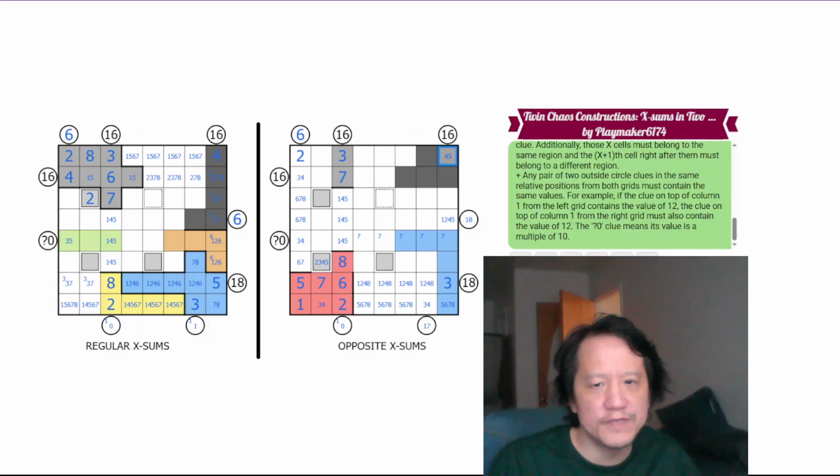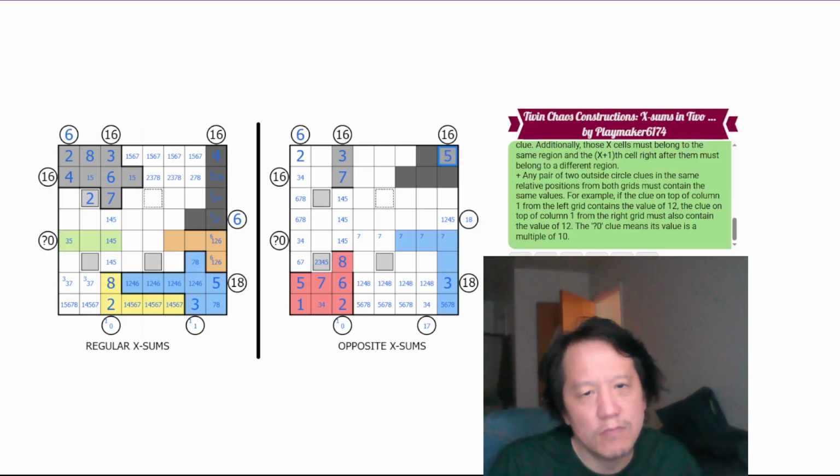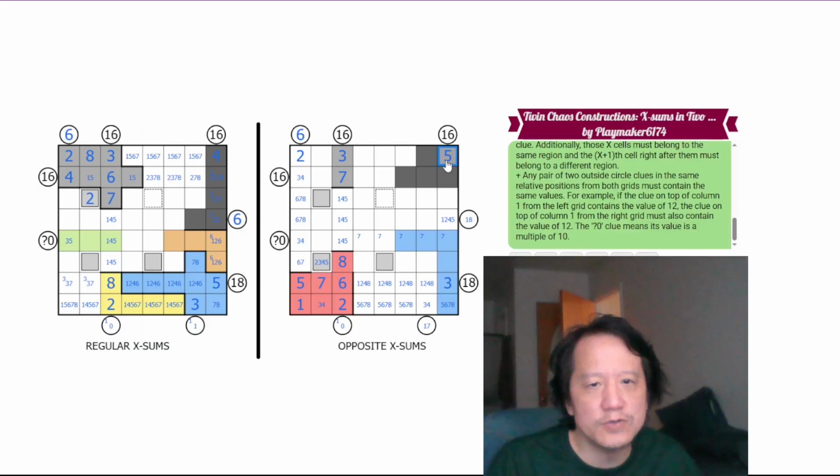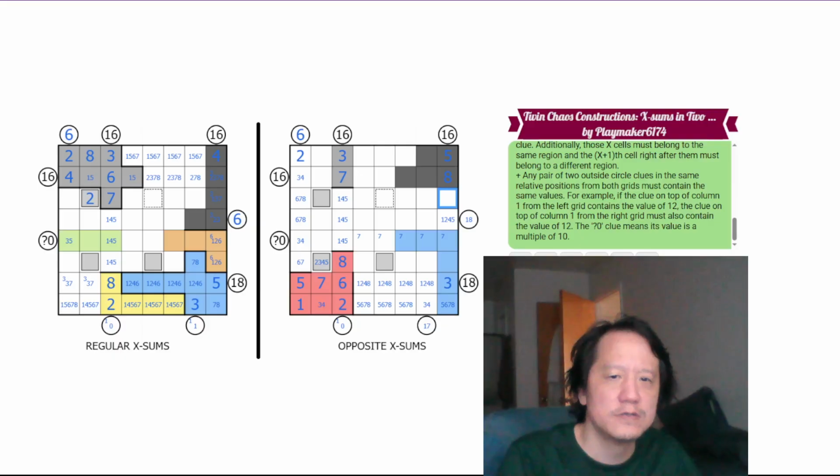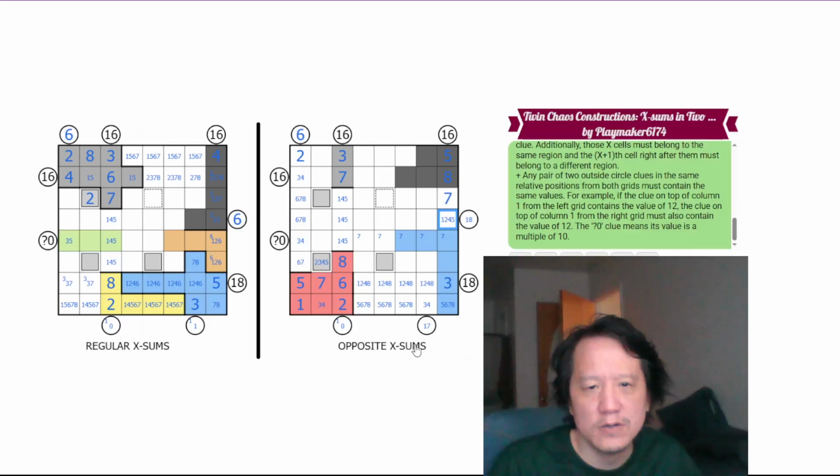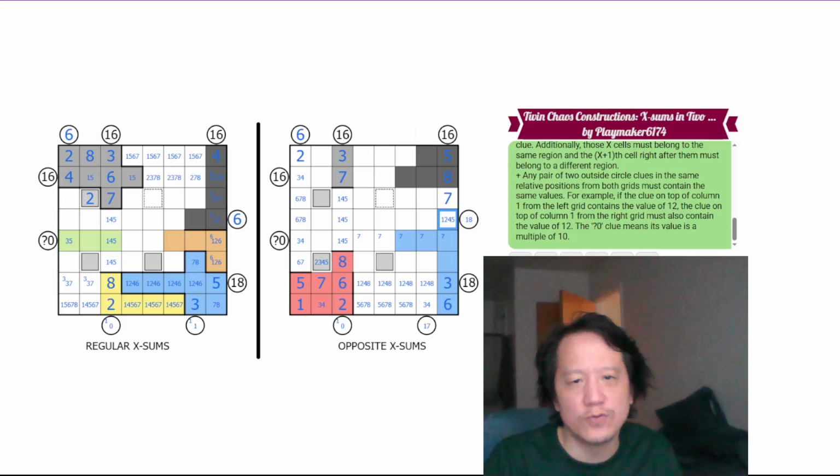Okay, so if this is 5 now, that's interesting. So if this is 5, that means we need 1, 2, 4, 3, 4, 6 here. This can't be 7, so that would force this to be 8. We'd have 7 there. This would have to be 6, so we'd have 1, 2, 4 here.